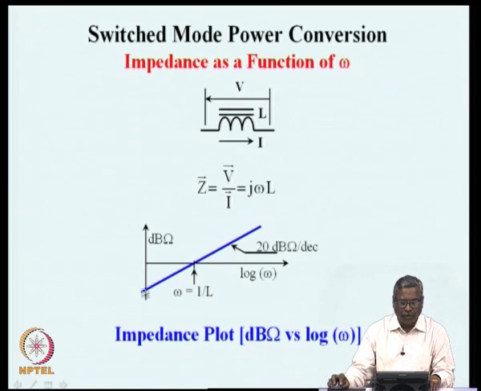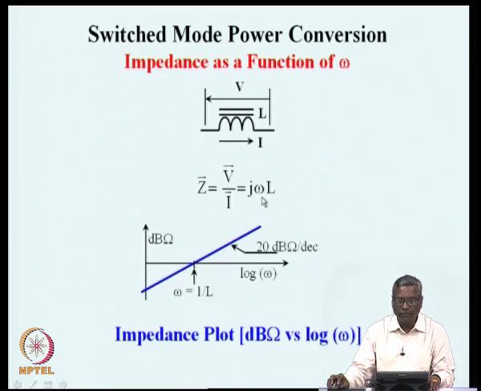So, if you plot it in this scale dB ohm and log omega, the impedance of an inductor will have a positive slope of 20 dB ohm per decade of frequency. It will be a straight line whose slope is defined by that, and it will cross over the 0 dB line. 0 dB is corresponding to 1 ohm.